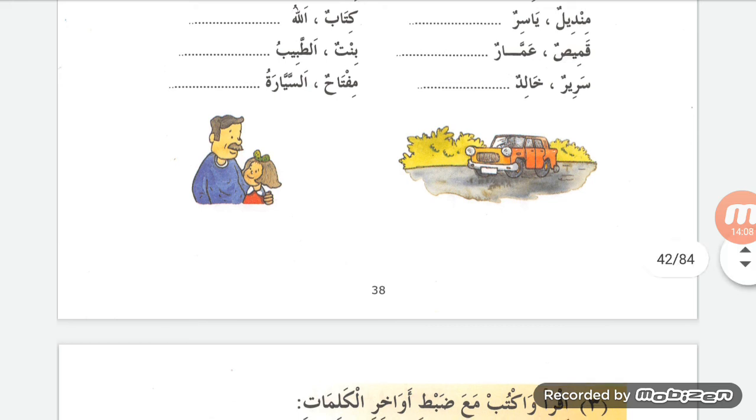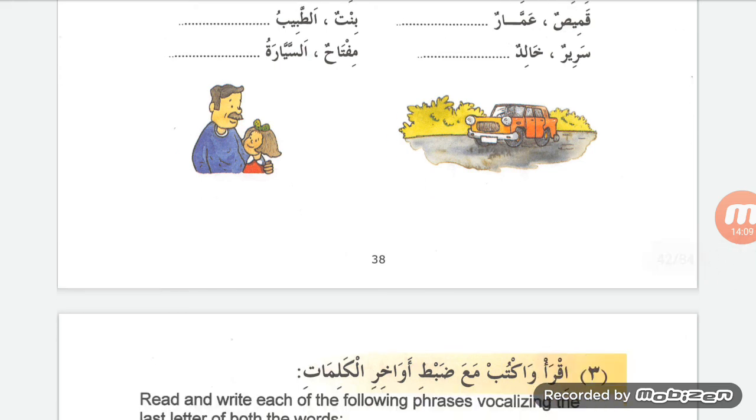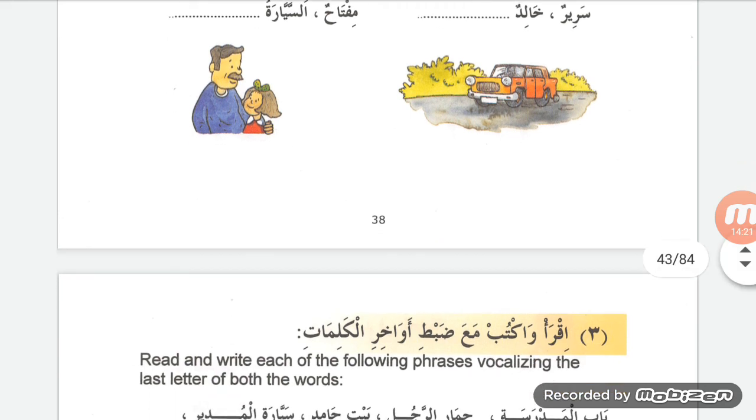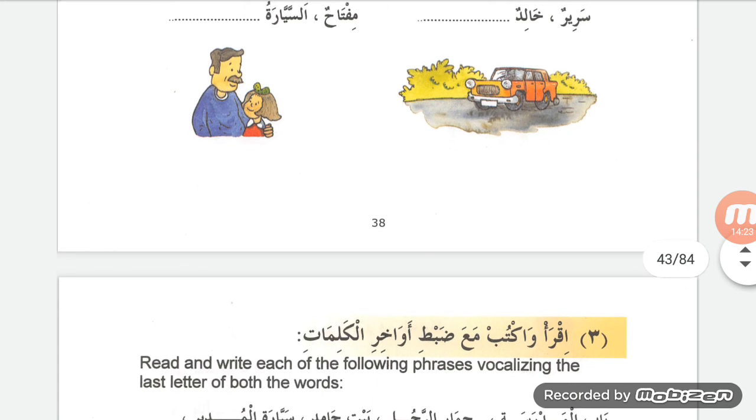Qamisu Ammarin, shirt of Ammar. Bintu Tabibi, Bint is daughter, so daughter of the doctor. Tabib is doctor. Sariru Khalidin, bed of Khalid. Miftahu Sayyarati, key of the car.